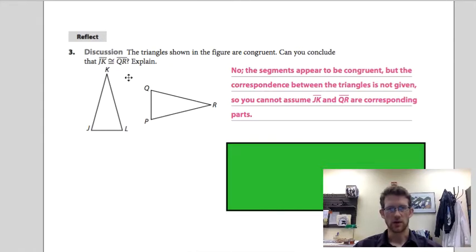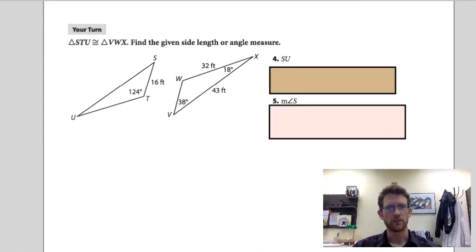It looks like QR could correspond with JK, but it could correspond with LK. And if we look at the order of the letters, we can see that it doesn't really match up either. So just be aware of that. We need to figure out how they're congruent more than just that they're congruent.